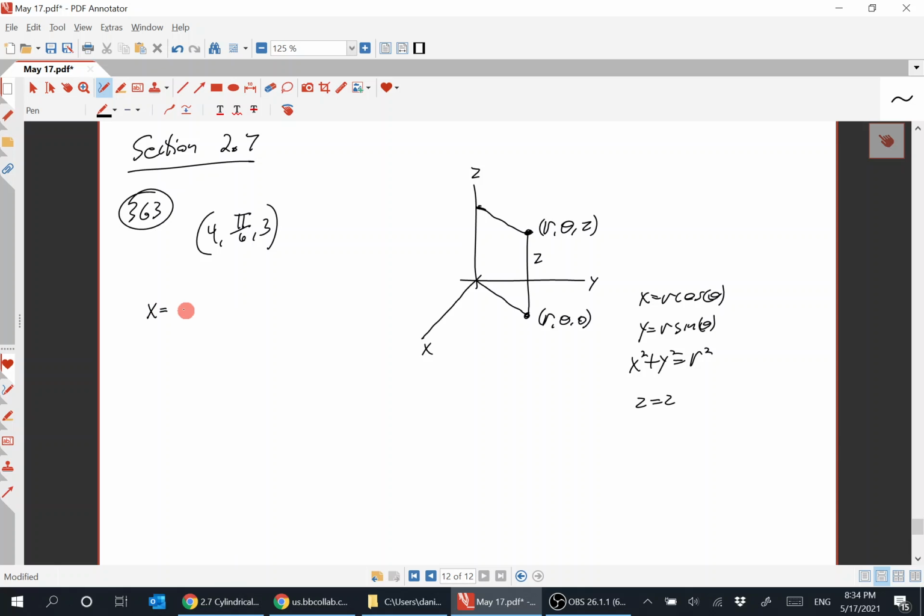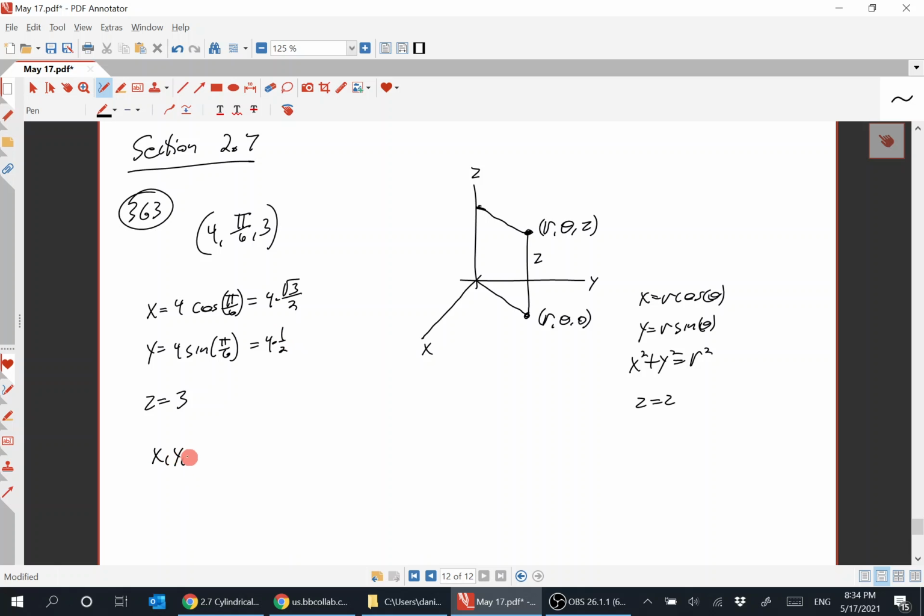transformation there. So here x is 4 cosine pi over 6. y is 4 sine pi over 6, and z is 3. So this is 4 times root 3 over 2, and this is 4 times a half, and that's 3.